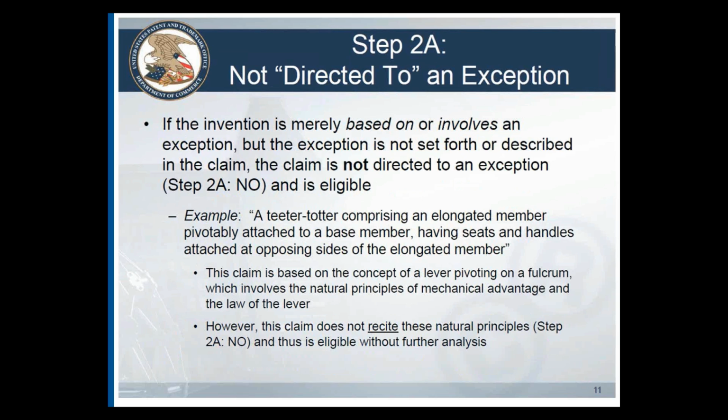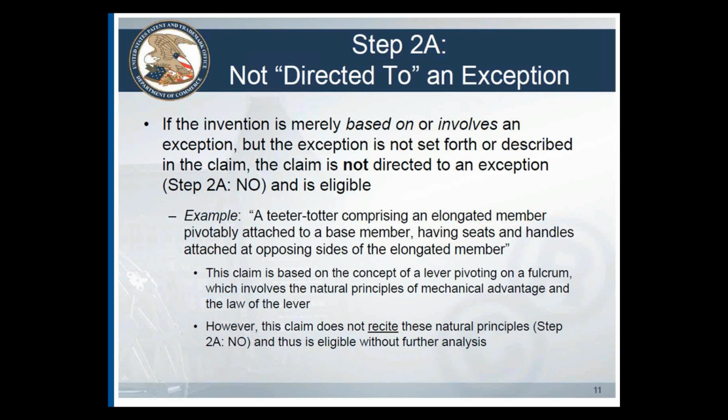Now, if the exception is merely mentioned or referred to in the claim, then likely it is not directed to that exception. So for example, in this slide they have a teeter-totter comprising an elongated member.